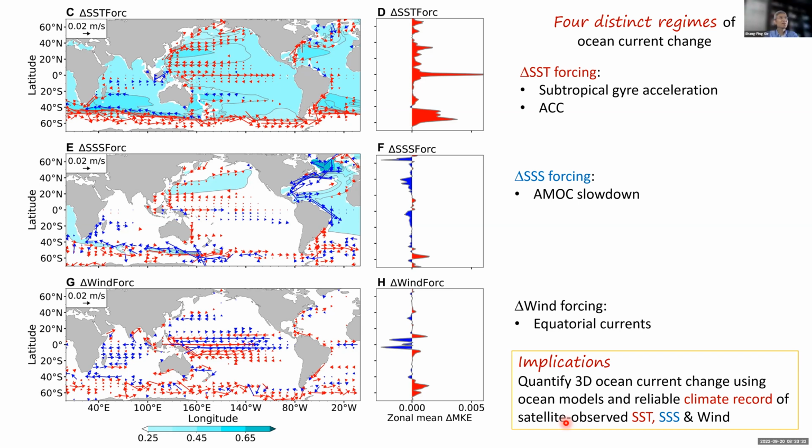In terms of more specific processes, in general, the increased stratification, all what I've been presenting here, seems to have to do with the stratification and vertical shear. In that sense, I think there's still a lot, given the surface warming, the stratification change is going to be a leading cause of ocean surface current change.